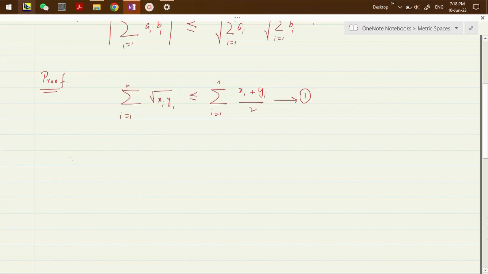Now we suppose that a is equal to root of summation i from 1 to n ai square, and in the same way I shall write b, which is root of summation i from 1 to n bi square.